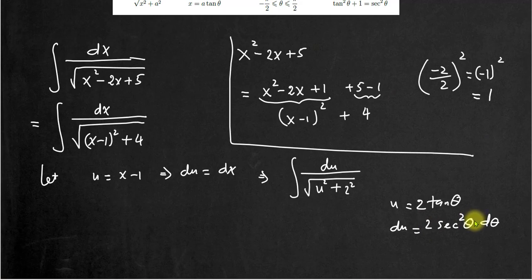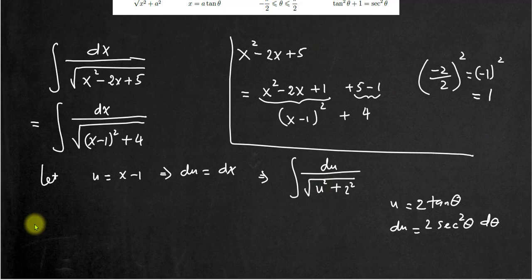And we know that the domain for the integrand is all real numbers, such that theta, the angle, is between minus pi over 2 and pi over 2, and that secant is bigger than 0. And now I can go ahead and make the substitution for the terms inside the square root.